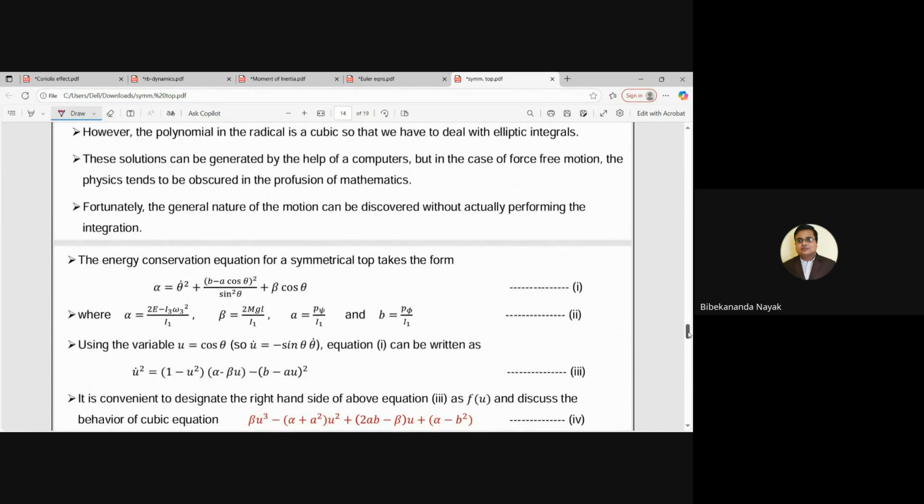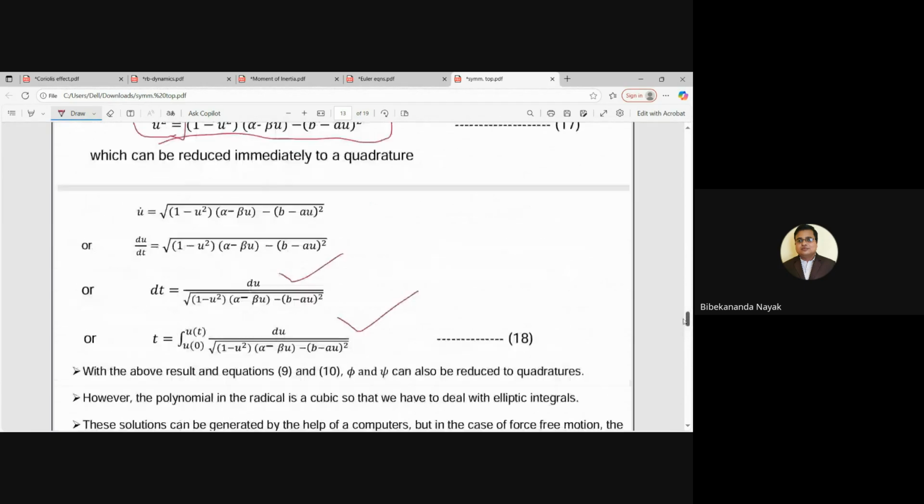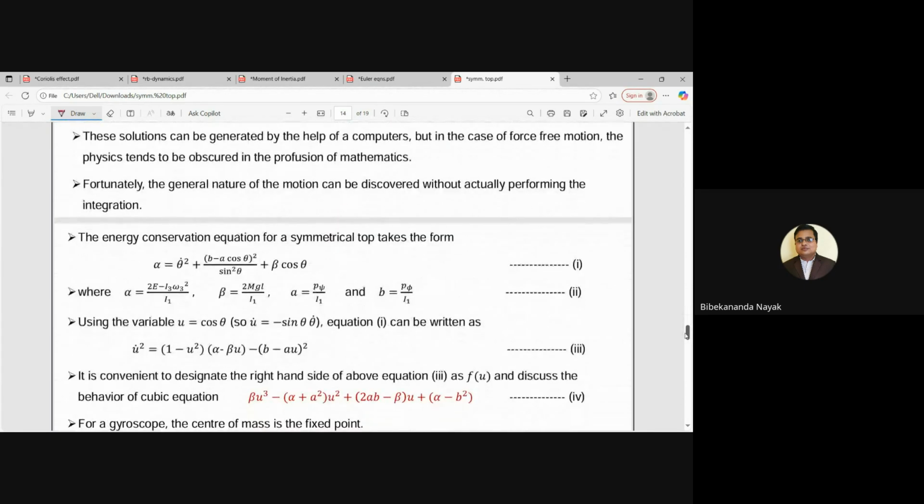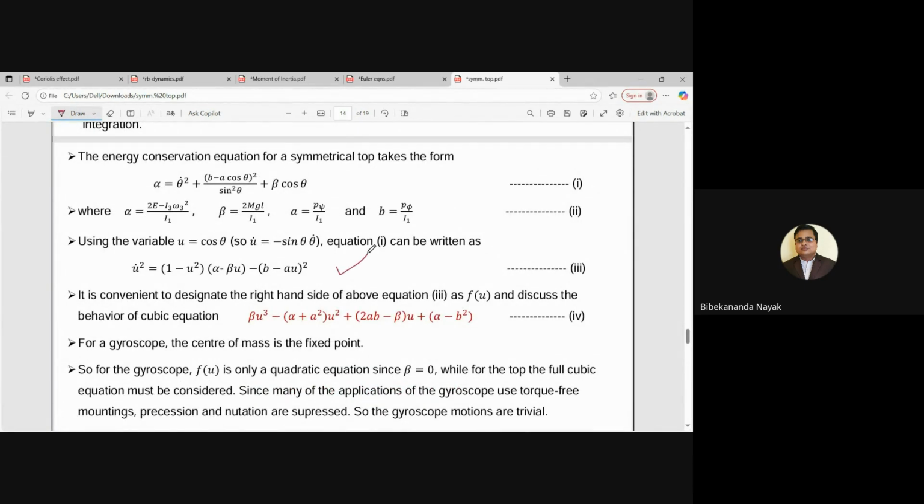Because you know u dot square, from this, u dot square is equal to (1 minus u square)(alpha minus beta u) minus (b minus a u) square. If you open this, the product will be alpha minus beta u minus alpha u square plus beta u cube.